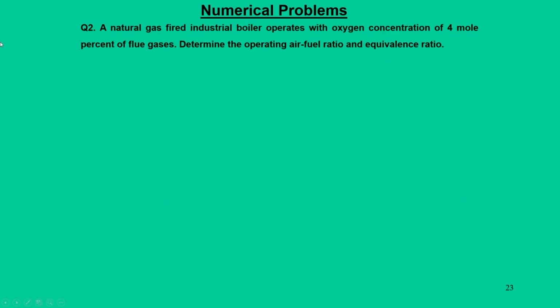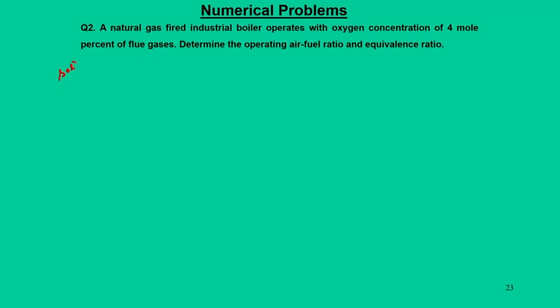Then, moving further, there is another problem which says that a natural gas fired industrial boiler operates with an oxygen concentration of 4 mole percent in the flue gases. Let us see what flue gases means. Normally, hydrocarbon fuels, when they burn, produce CO2, H2O, O2, N2.